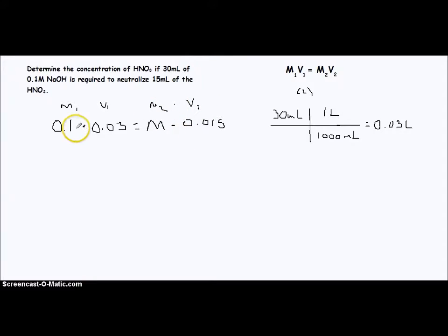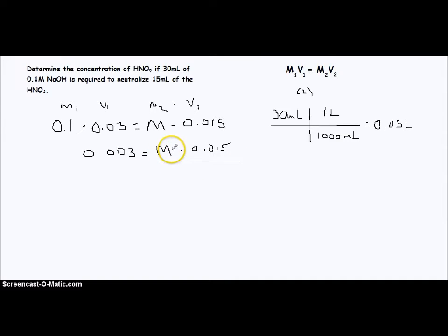Okay, now what I'm going to do is multiply these two together. When you multiply by 0.1, you're just moving the decimal over one more value, like so, equals the concentration still times 0.015. And then what you do is you divide on both sides.